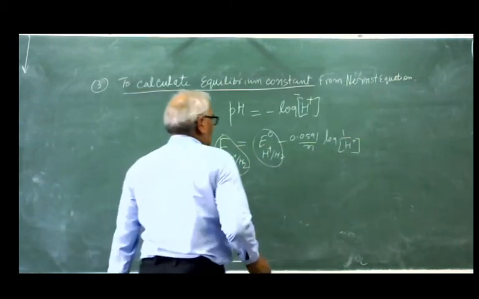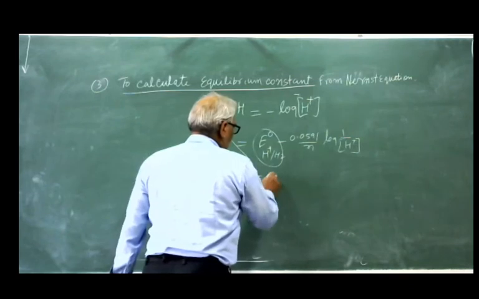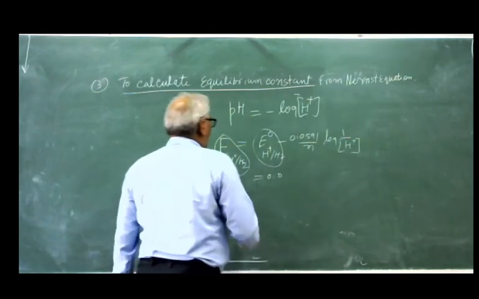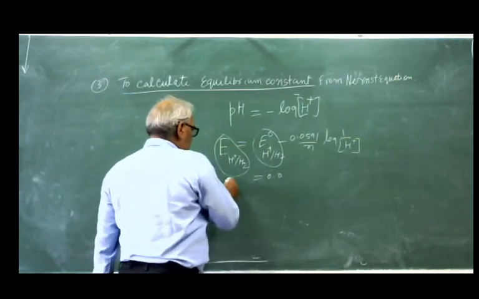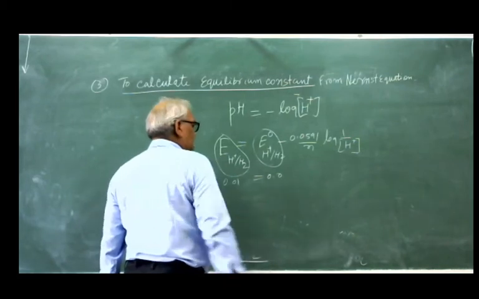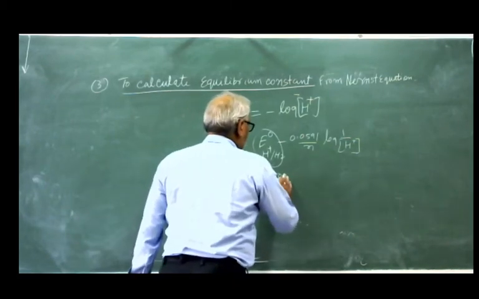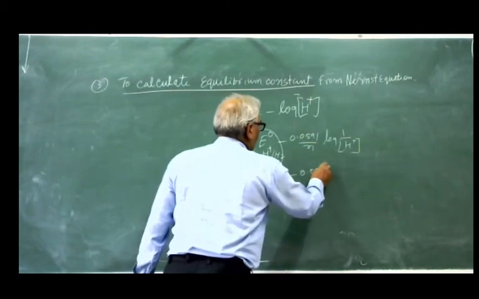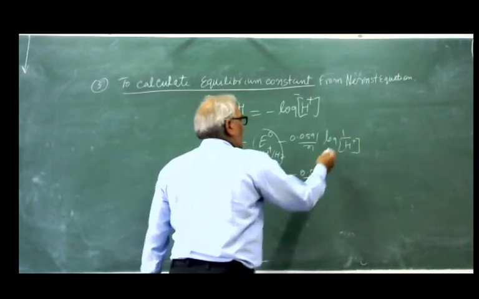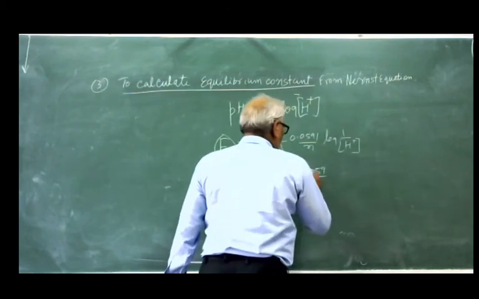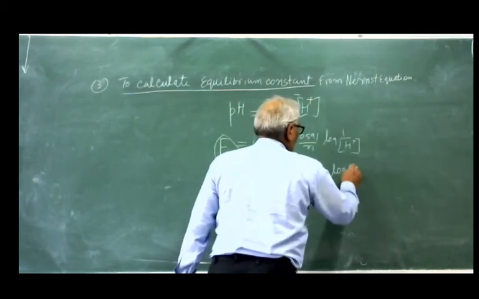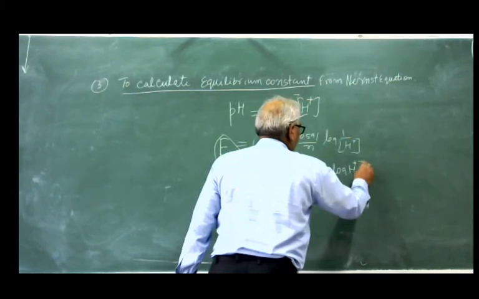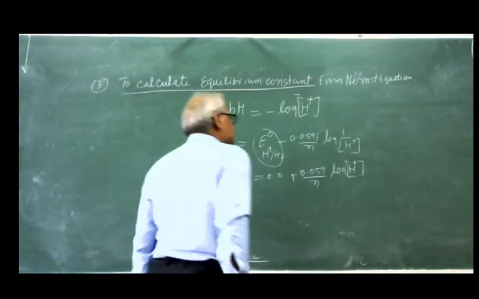Here the electrode potential of hydrogen ion to hydrogen is E0 of hydrogen ion to hydrogen gas minus 0.0591 upon n log 1 upon hydrogen ion concentration. The electrode potential is given. Suppose this value is given as 0.01, and you can write minus 0.0591 upon n plus log of hydrogen ion concentration.